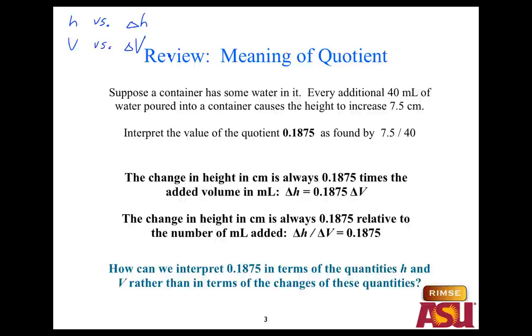Okay, but does that mean that h and v have this size of the magnitude of height constant at 0.1875 relative to the magnitude of v? Ross? I'm going to say no, because if you have a certain amount already in there, like you add to it, they're not going to be in proportion to each other.